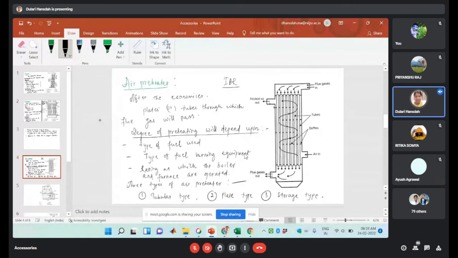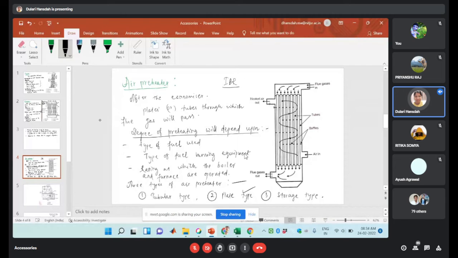Soot hoppers are placed near the bottom of the air heater casing. This is the casing. The soot will be collected at the bottom and can be removed from the other side. So this is the tubular type.